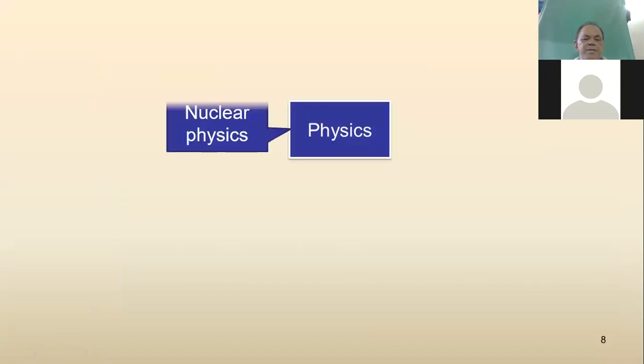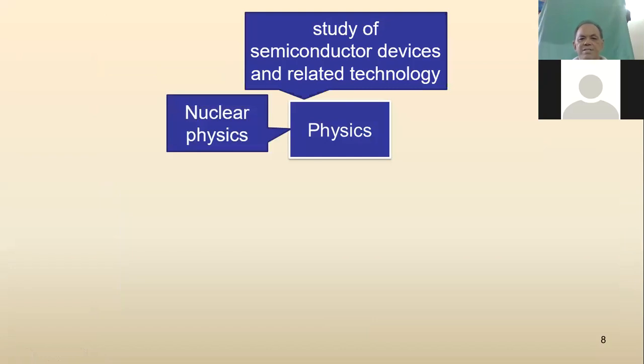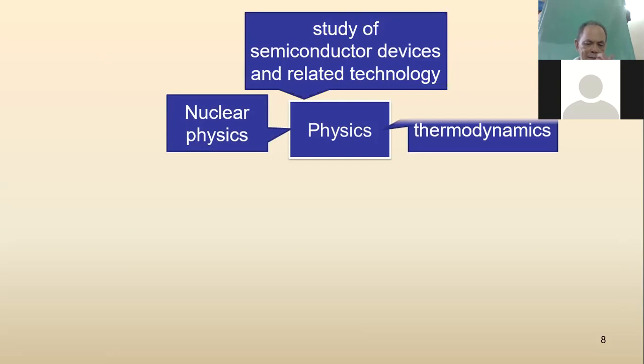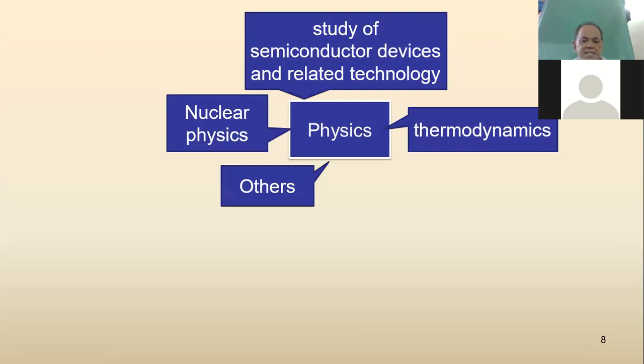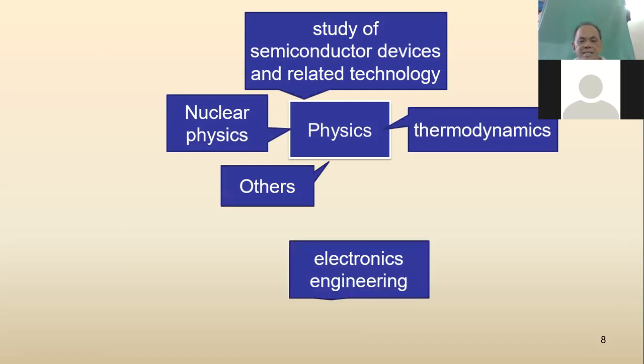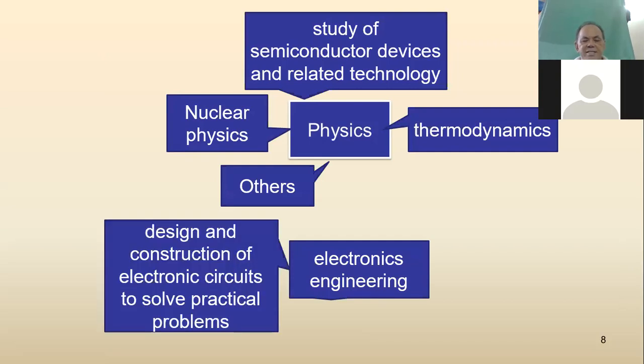Physics has many branches. You have nuclear physics, the study of semiconductor devices related to technology, and areas under thermodynamics. As you go higher and higher, you become more specialized. Electronics is probably one of the branches. If you want to go into greater detail, electronic engineering is the design and construction of electronic circuits to solve practical problems. In physics, we study the theoretical part.